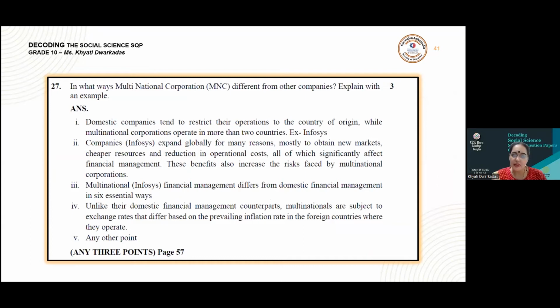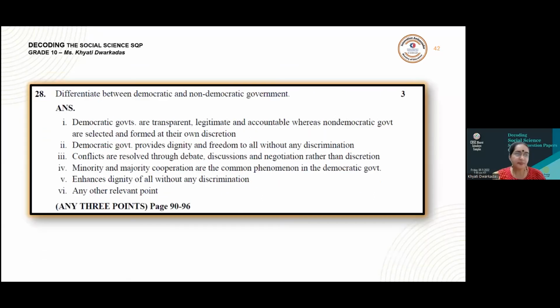In what ways was the MNC different from other companies? Explain with an example. So probably you would go for 2 points of differences, and explain with an example means 1 example. The breakup should have been 2 plus 1. However, here they say any 3 points. So yes, that is the CBSE, a very student-friendly board.